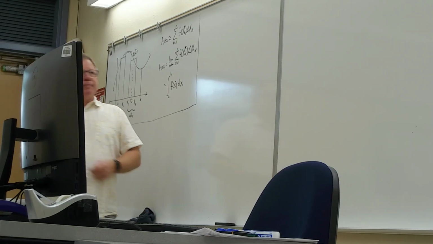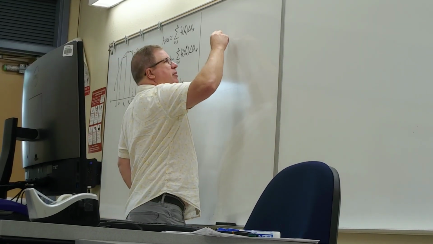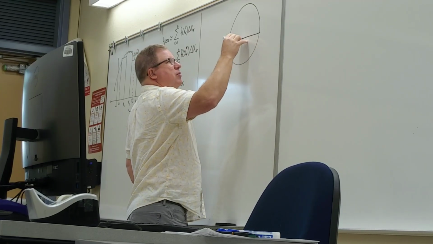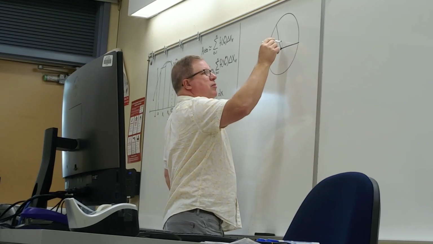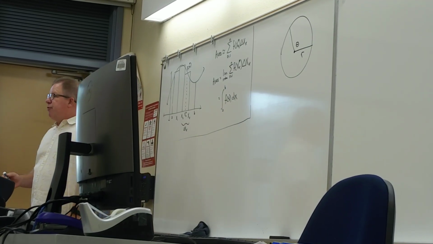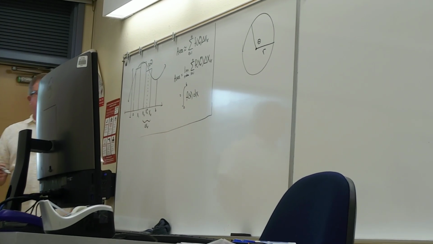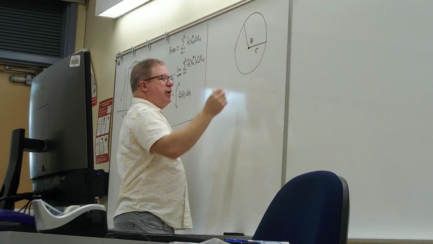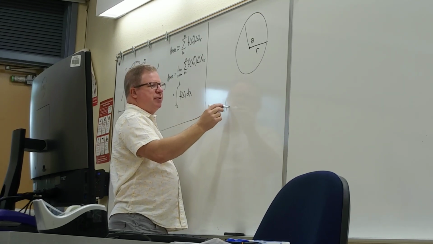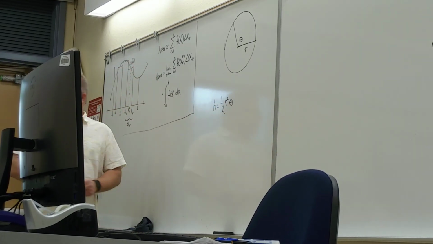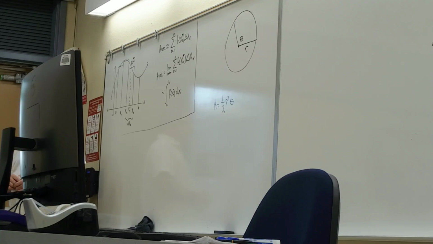Back in trigonometry, you likely were given a formula for the area of a sector. This is a sector, okay? And the area of a sector is 1/2 r squared theta. You guys remember seeing that formula in trigonometry? You do?